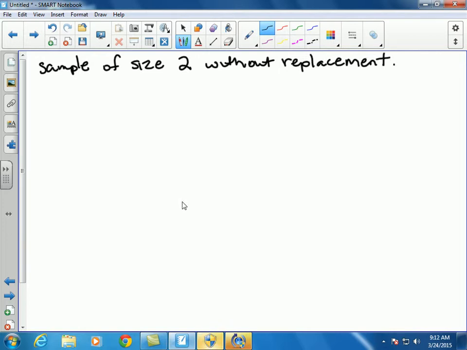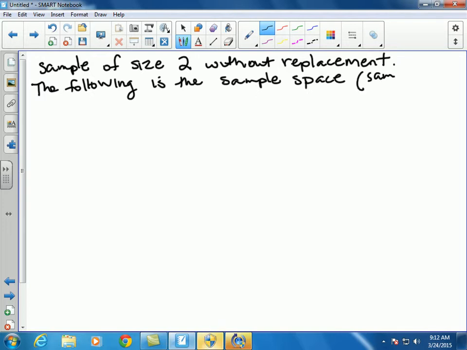Okay, so I'm going to give you the following is the sample space, or what we call the sampling distribution. So that's kind of a new word. We've talked about sample space, but not so much sampling distribution.